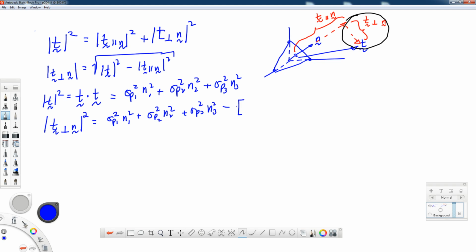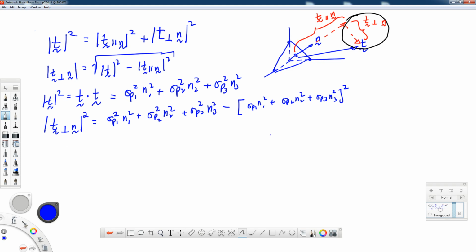minus the quantity sigma p1 n1 squared plus sigma p2 n2 squared plus sigma p3 n3 squared, quantity squared.